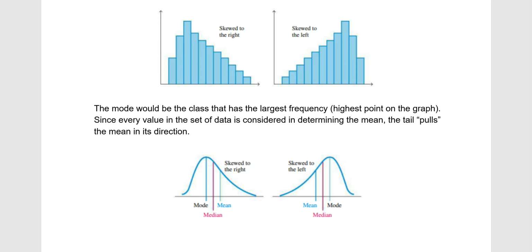Anytime we're dealing with histograms and they have these shapes to them, we kind of imagine this continuous curve over the top of it to help us determine some important values, which we'll see for the next distribution. So we can see that on the one on the left, the mean is pulled to the right because that one was skewed to the right. And then the one that was skewed to the left, the mean is pulled to the left.